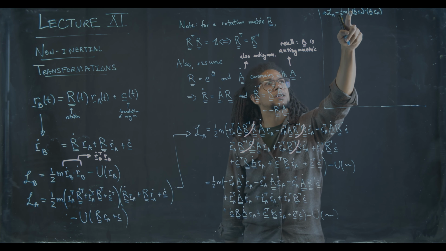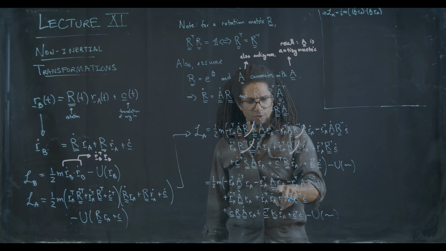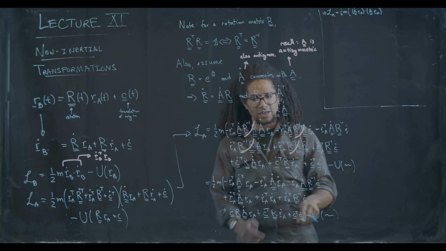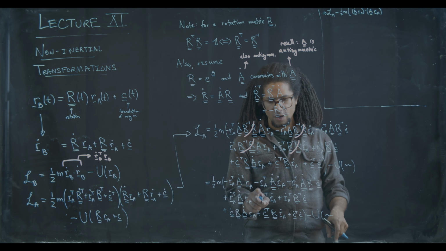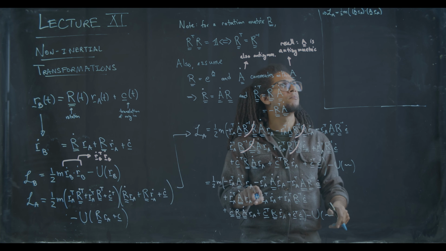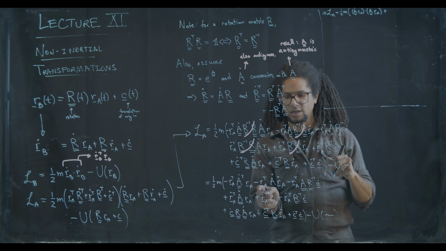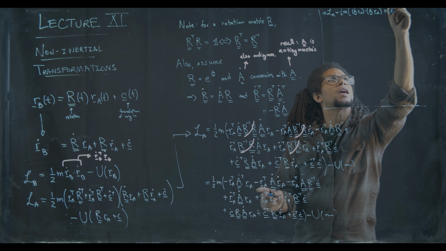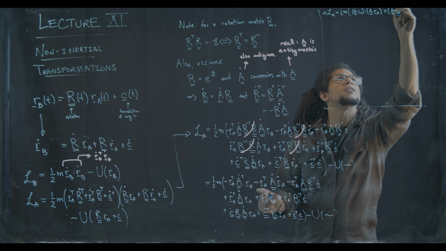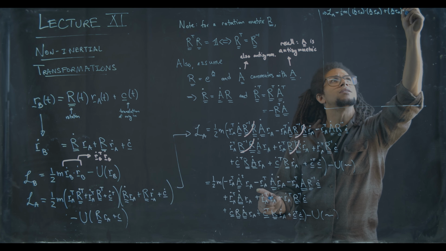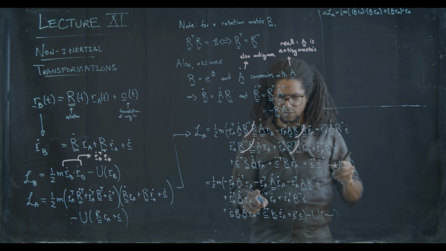So notice the minus sign is now gone. Good. For the next term, though, I can't quite do that. I need to associate A dot with either one or the other. So let me keep or flip the minus sign to a plus sign, and then associate this A dot with the left. So then I get A dot RA dot RA dot. Okay.